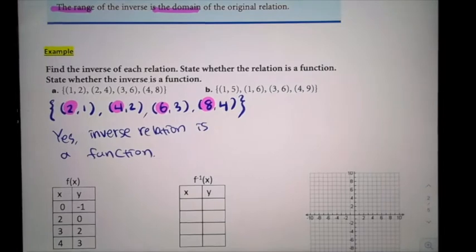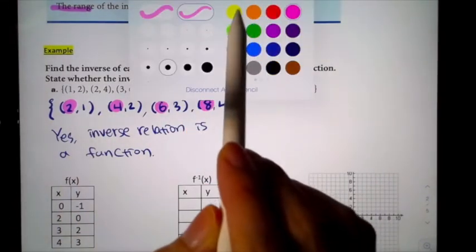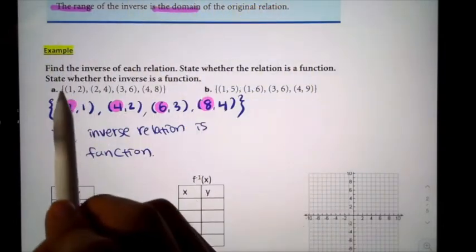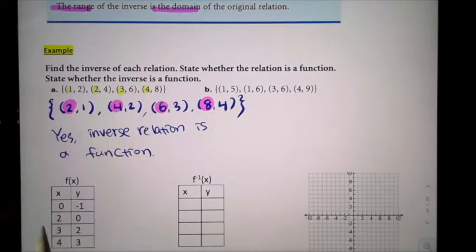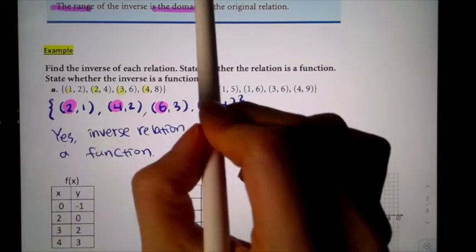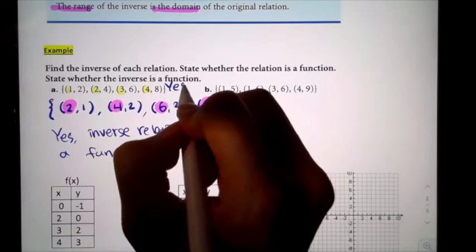And what was my original, guys? My original was 1, 2, 3, 4. That was a function because no numbers are repeating, right?